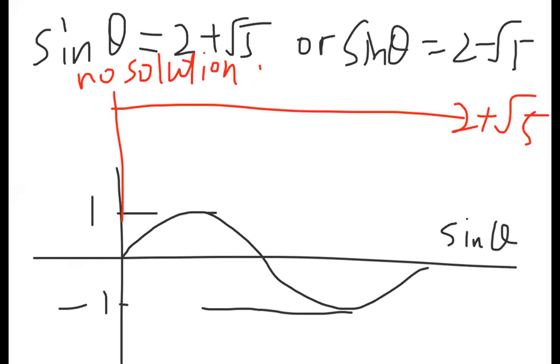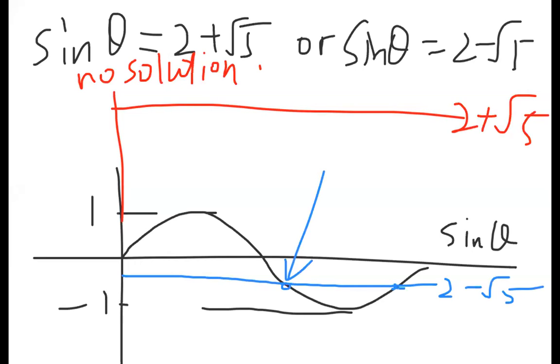Right, how about the other one? The 2 minus radical 5. 2 minus radical 5 would be negative something here. Right? And as you can see, there are two intersections.